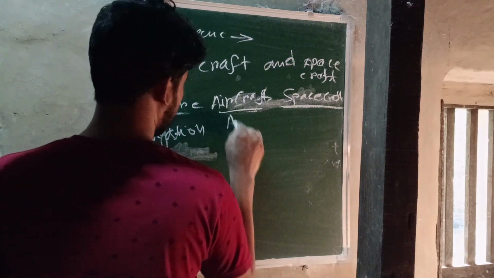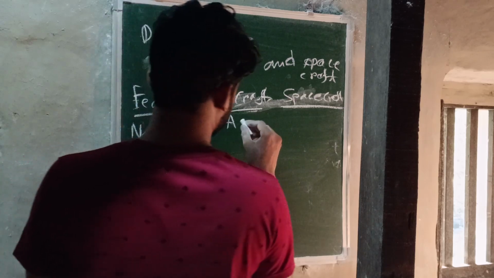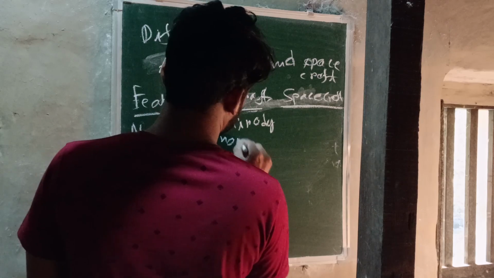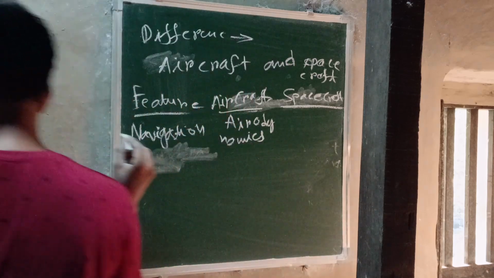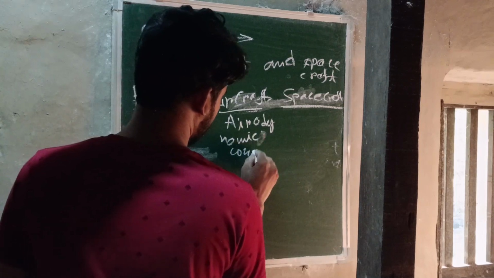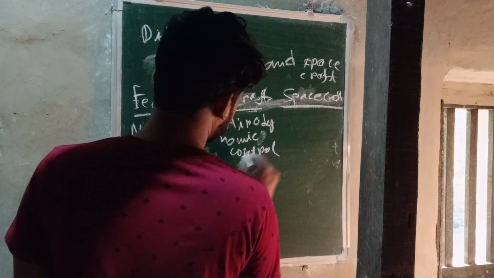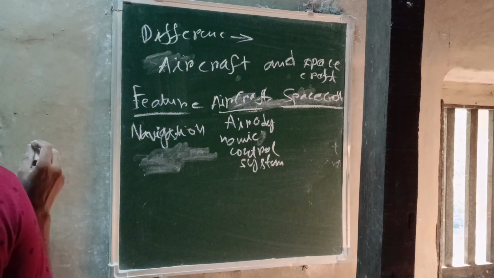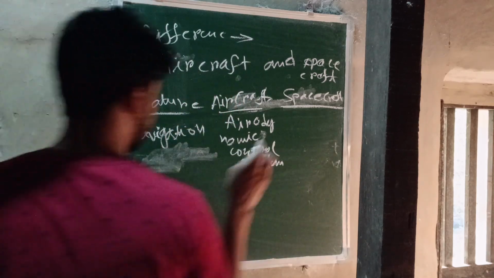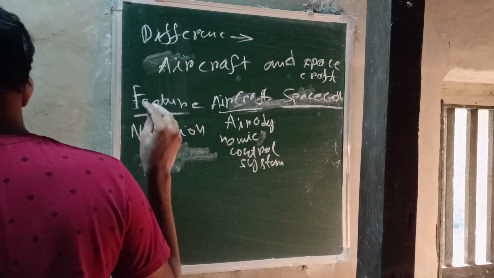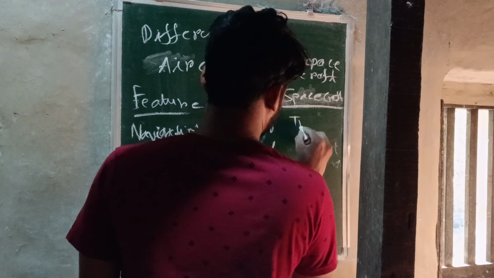An aircraft's navigation is the aerodynamic control system, and spacecraft navigation is thrusters, gyroscopes, etc.